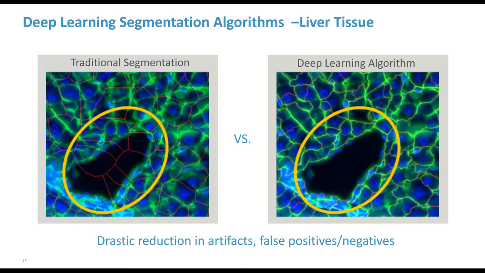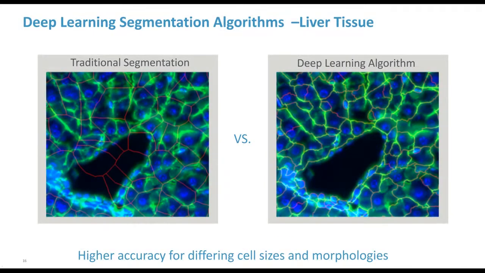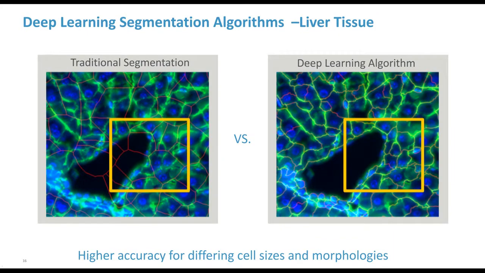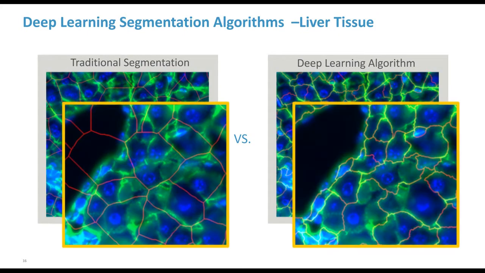This includes reduction of traditional false positives and artifacts, but also the ability to look at cells with different morphologies and cell sizes. What you see on the left-hand side is traditional segmentation, and on the right-hand side is the Varenome segmentation. And you can see very high resolution of cells with different sizes and different morphologies.